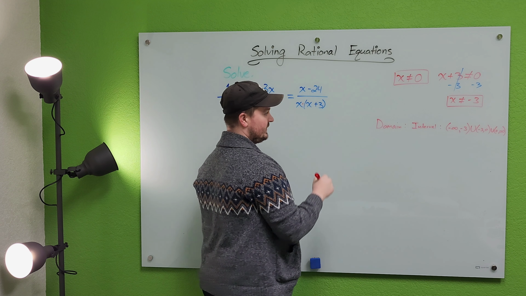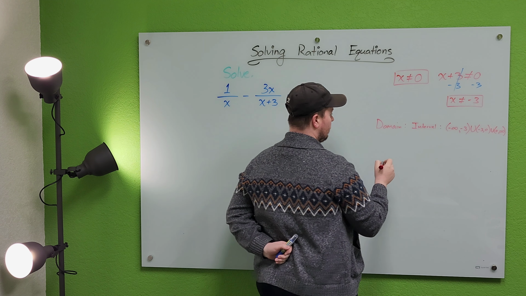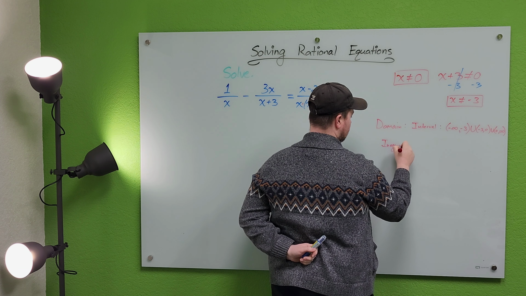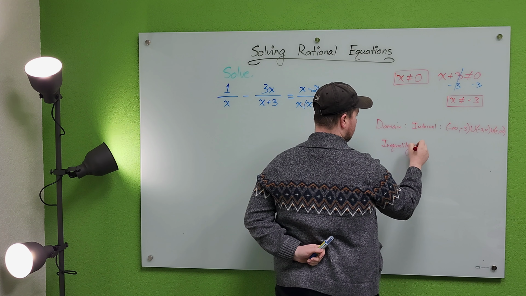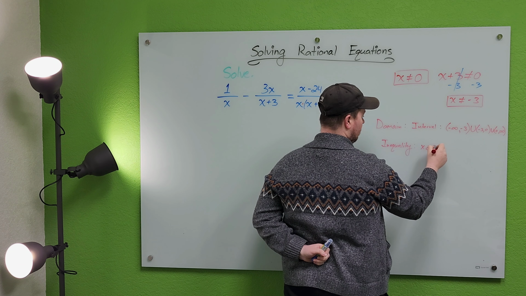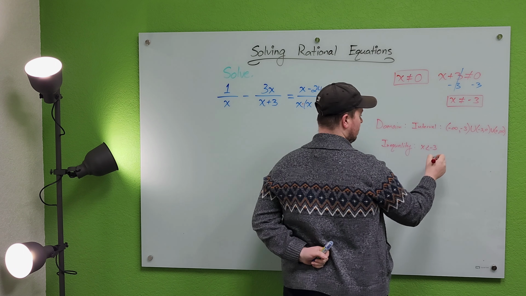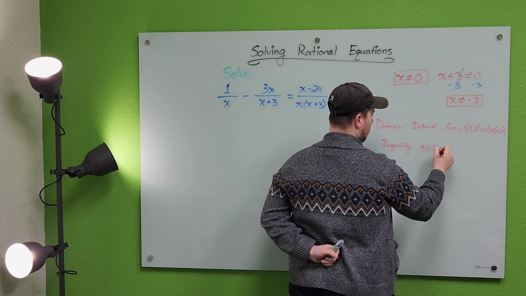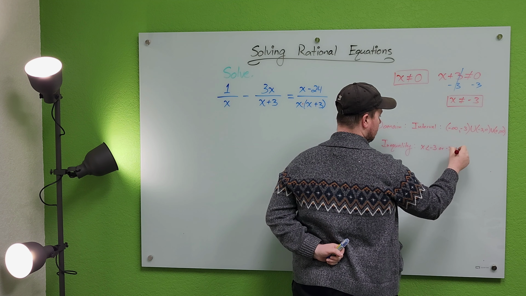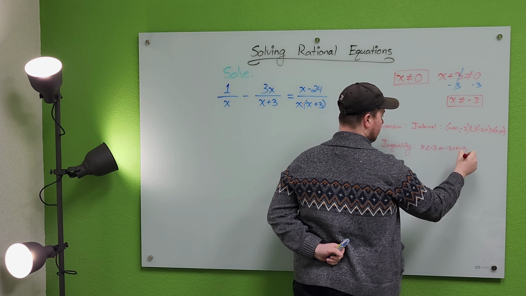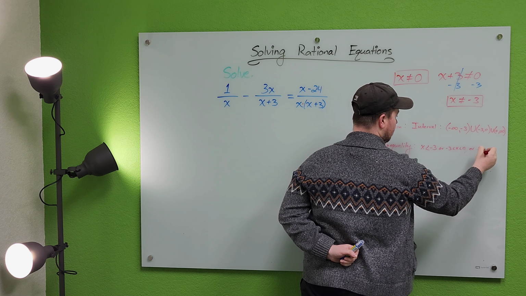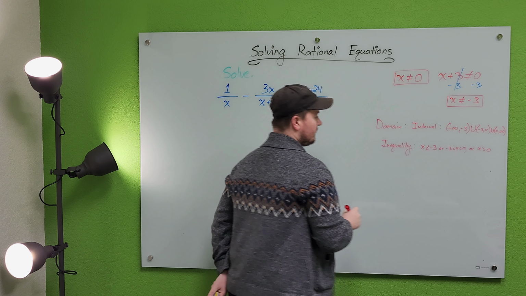I hope you can see, I know it's a little bit small. So if we were going to give inequality notation, what we would have is this. x could be anything that's smaller than -3, or x could be anything from -3 to 0, or x can be anything that's greater than 0.